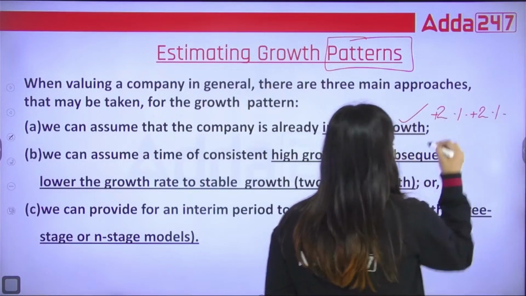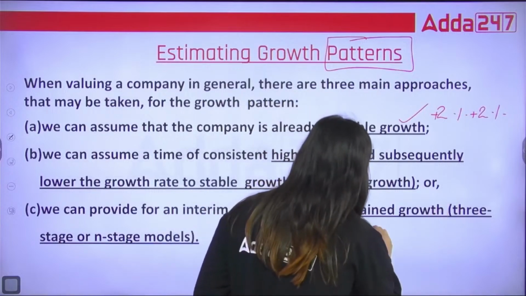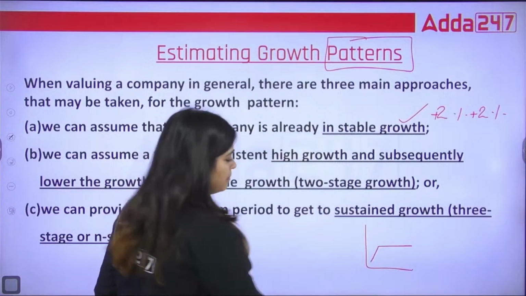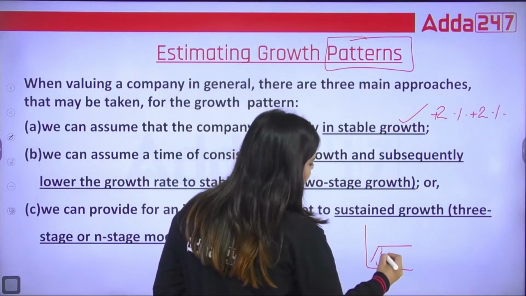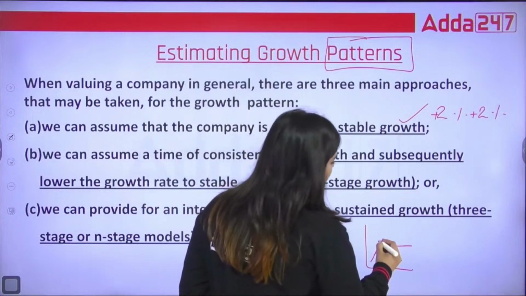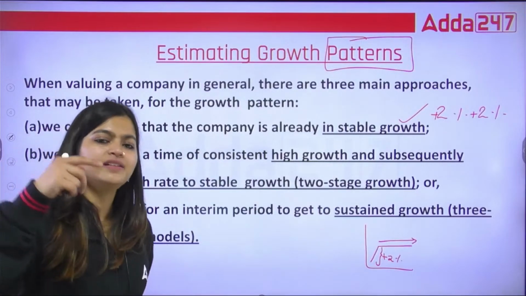Or you see some steady growth for a time period, like increasing by 2% every year, but after that your growth rate is constant, with no increase in growth.